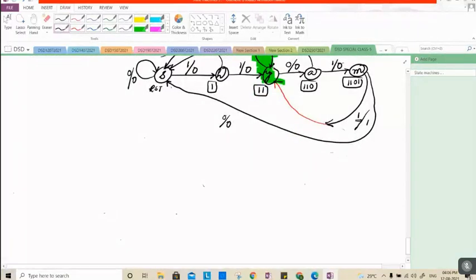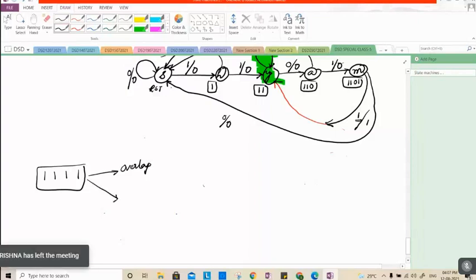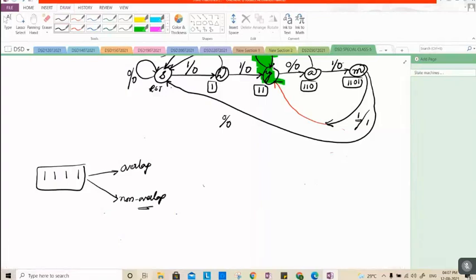We shall wind up the session in the next 10 minutes. Can you draw a simple state machine for detection of 4 1s, with overlap and non-overlap conditions? Can you do it?